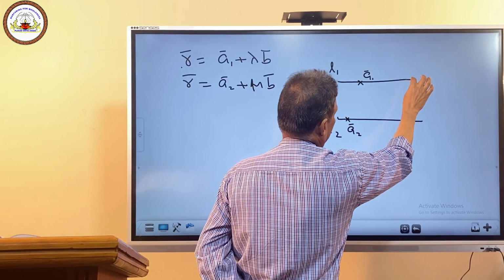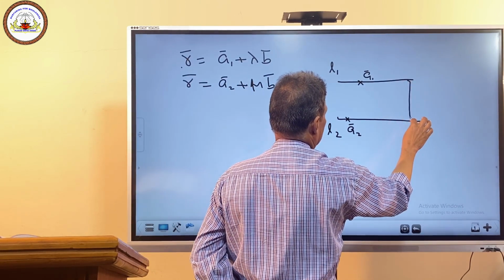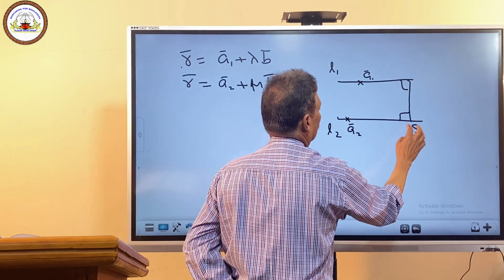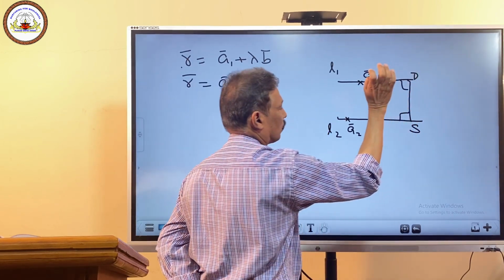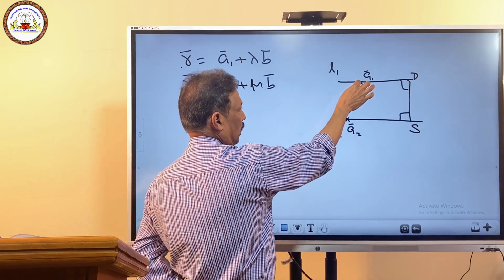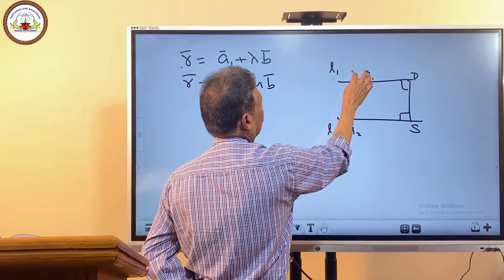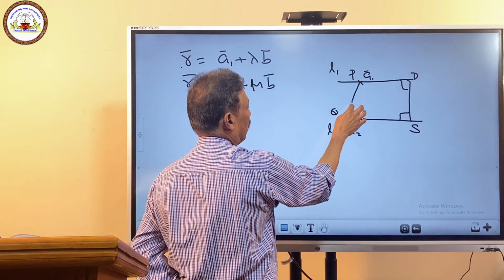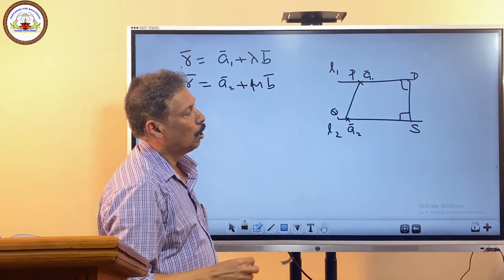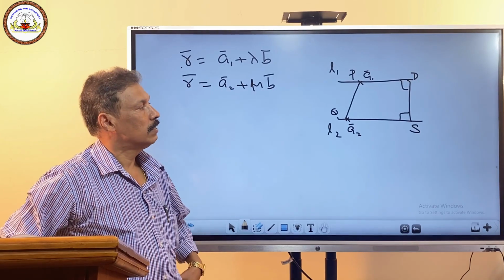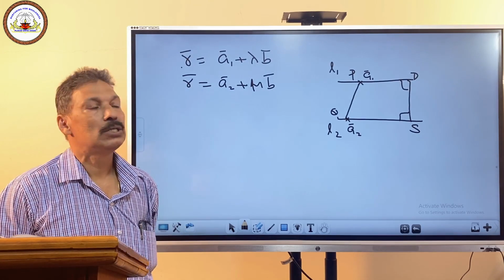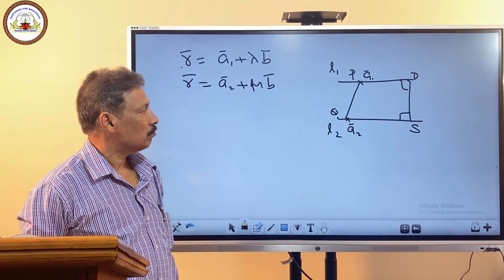Also we have a vector of this perpendicular distance. This is our shortest distance. We can take this as P and this as Q. We have to find the projection of PQ on SD. The projection of PQ on SD is our shortest distance.